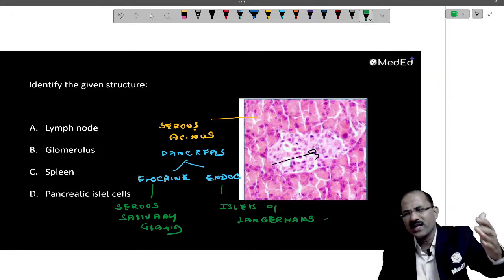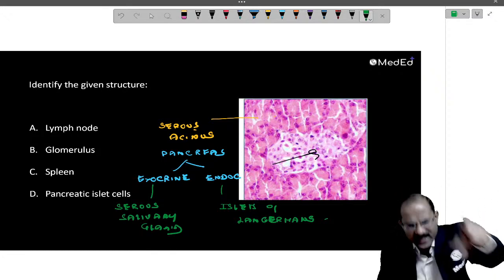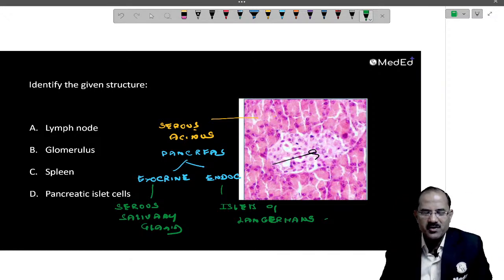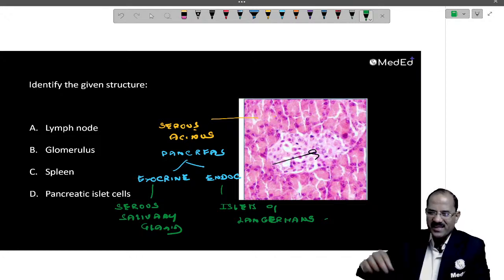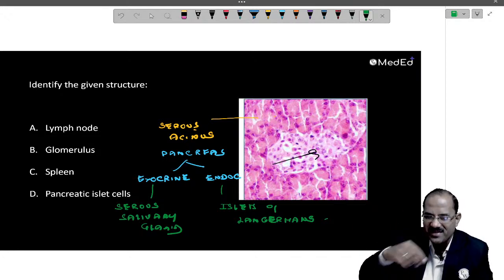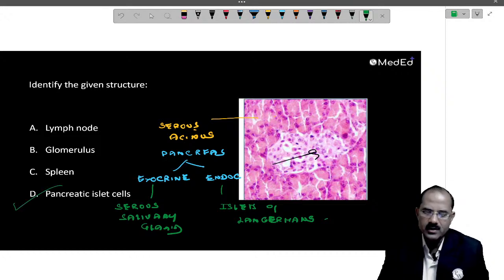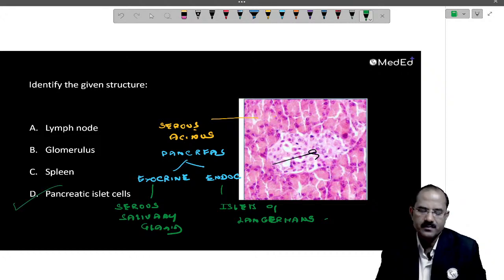So the moment you get a serous salivary gland with islets of Langerhans, that is pancreas, because islets of Langerhans represent the endocrine part of the pancreas and the serous acinus represents the exocrine part of the pancreas. Clear, bachcho?